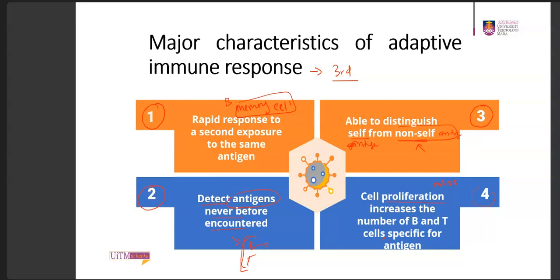It proliferates, dividing into many cells, so it increases the number of B and T cells specific for the antigen. So these are the 4 characteristics of adaptive immunity that you have to remember.